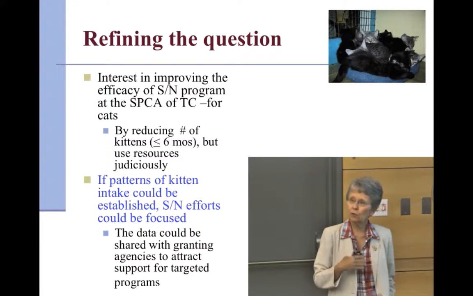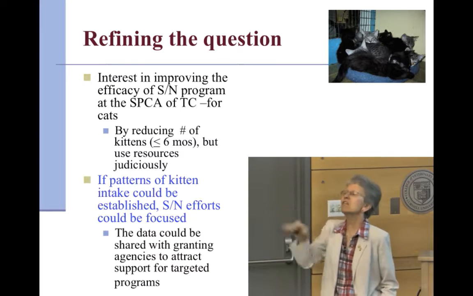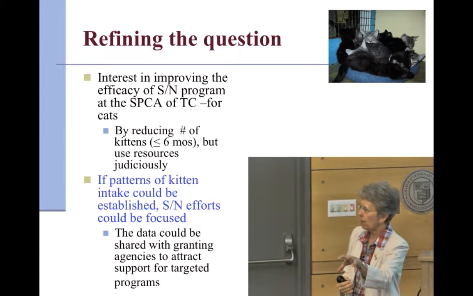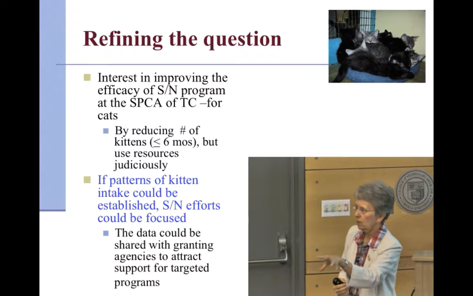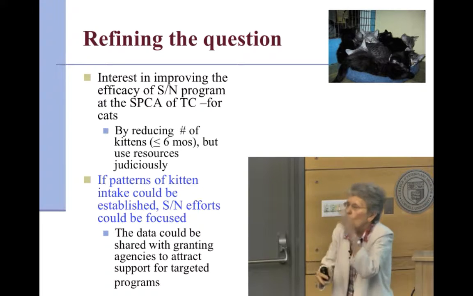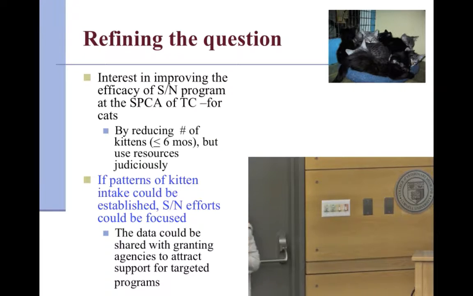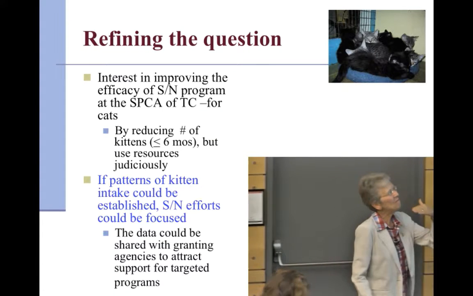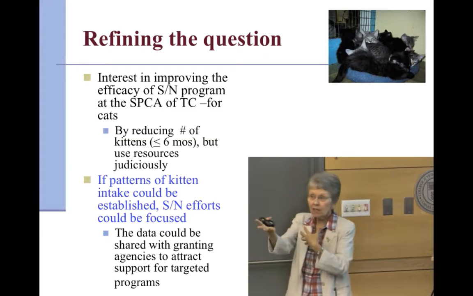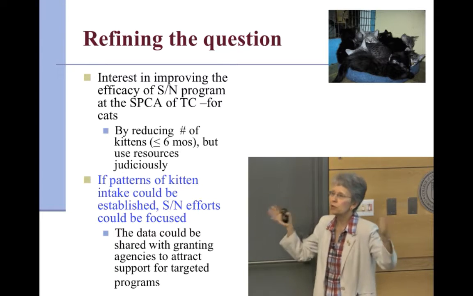The whole notion being, if we can figure out where our clusters of kittens are, if there are patterns to our kitten intake, if we could identify them and go in and target them, if it was a particular household, if it was a particular neighborhood, we could go, and we being Jim and his people, I'm using we very loosely here, sorry about that, Jim and they could go and really even write a grant and get money to go in and blanket those areas to a much greater extent than other areas.